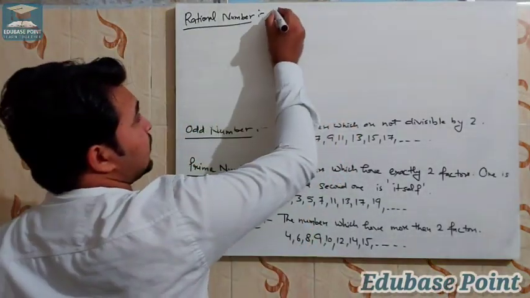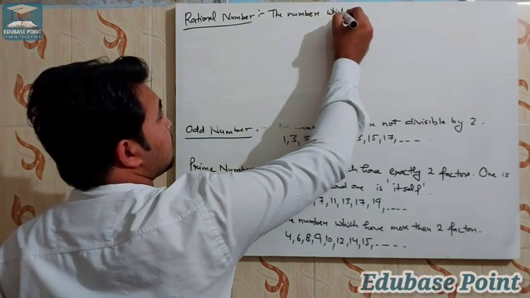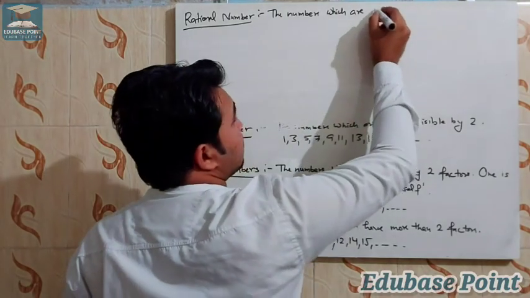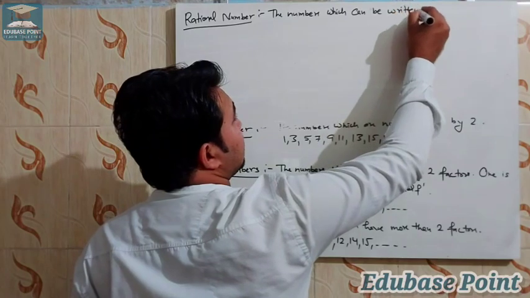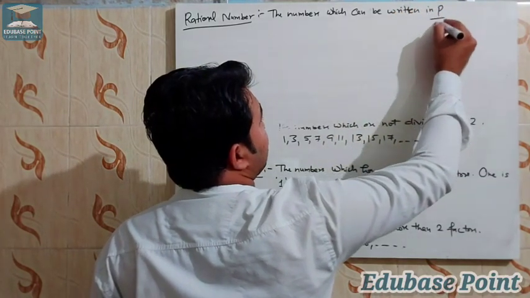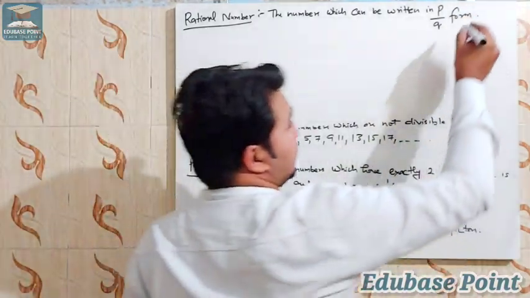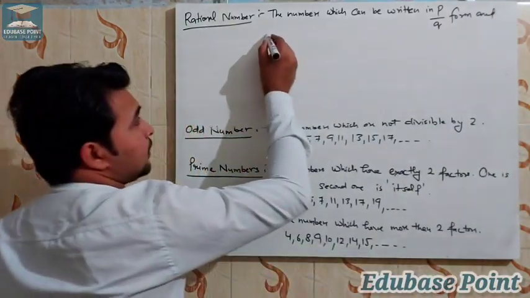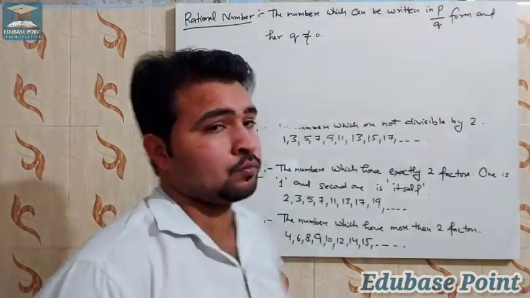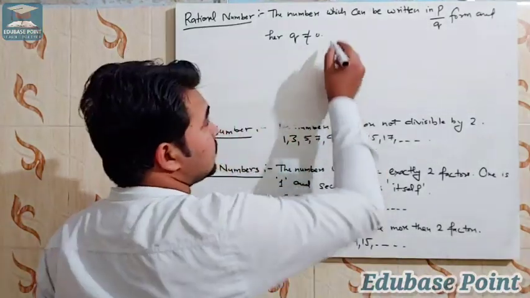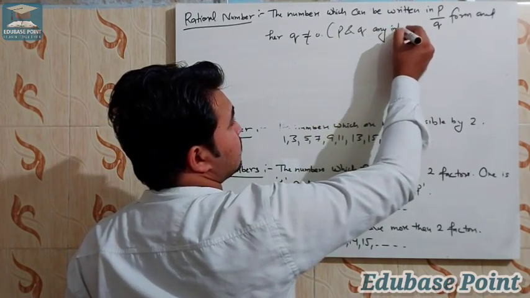Means to say, the numbers which can be written in P upon Q form, where Q is not equal to 0, and P and Q are any integers.